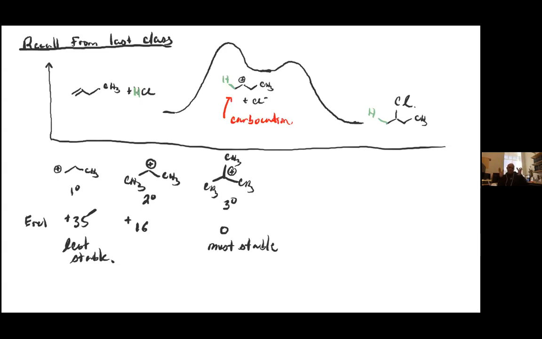So think about the carbocation as your starting material for a second. The activation energy to get away from that carbocation in either direction is pretty low, right? And when I say the activation energy specifically, I'm talking about that, right?